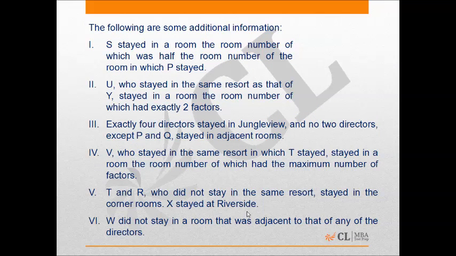The same table will help us in finding out who stayed in which room. Let us prepare that table in a short way. Riverside I will write as RV and Jungle View as JV.